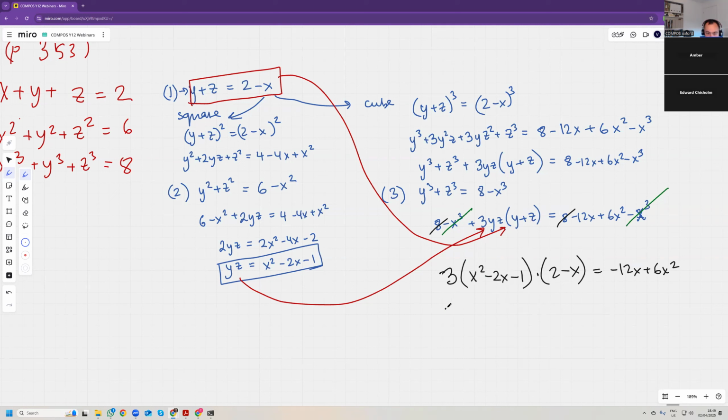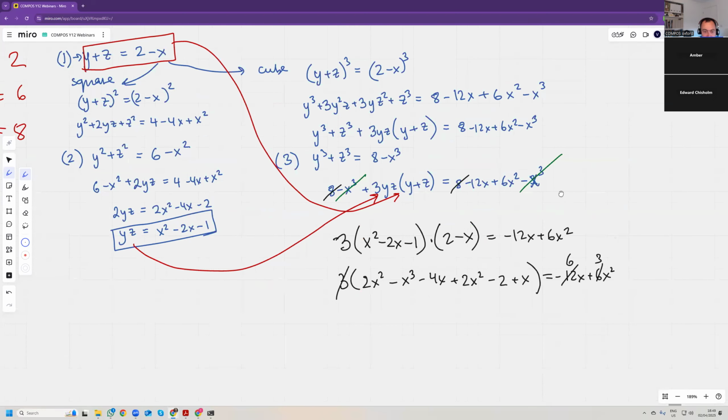Open the brackets: 3 times 2x squared minus x cubed minus 4x plus 2x squared minus 2 plus x equals minus 12x plus 6x squared. I just noticed you can simplify by 3, so that's 6 and that's 3. That makes life easier.